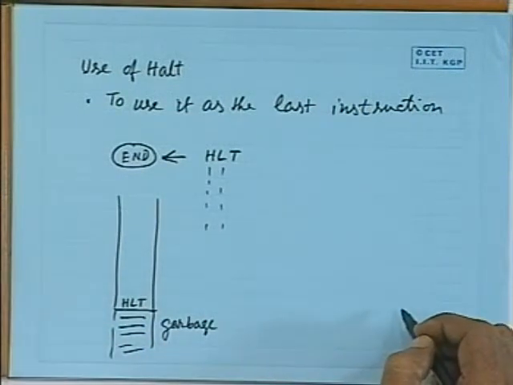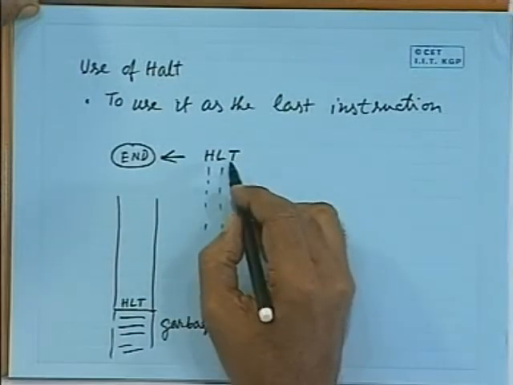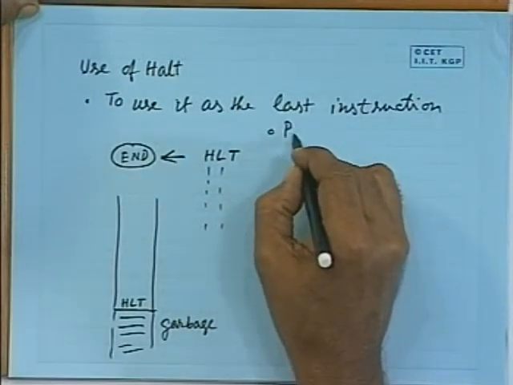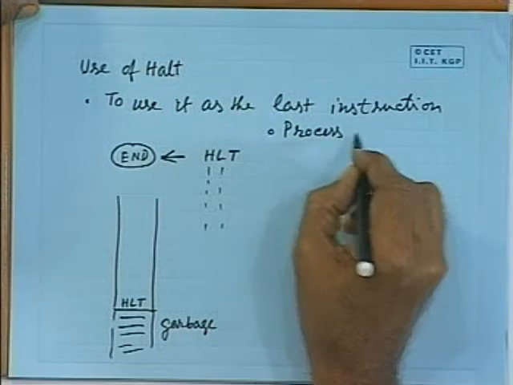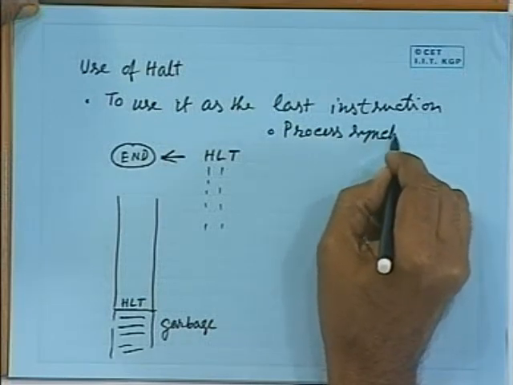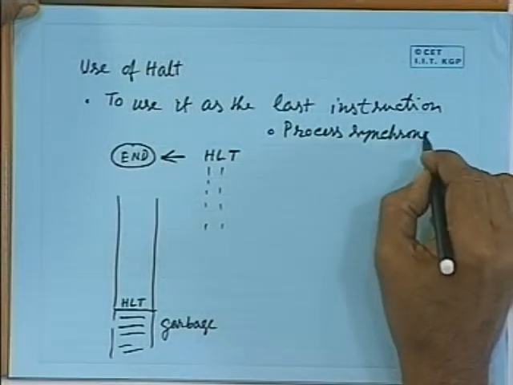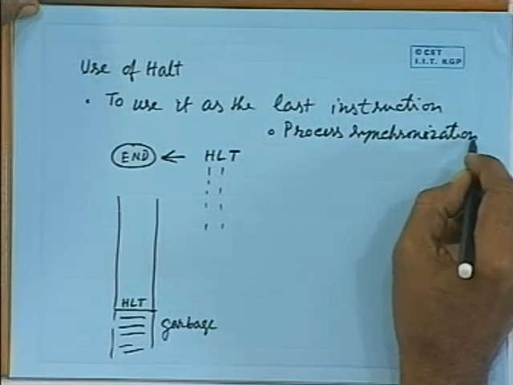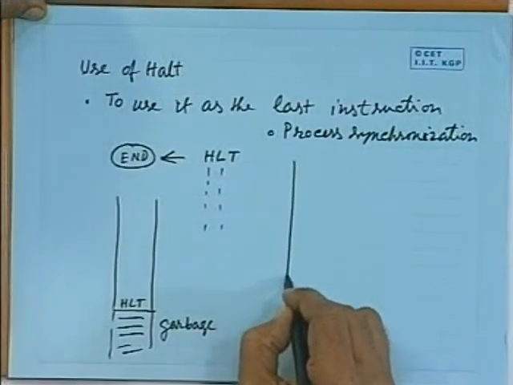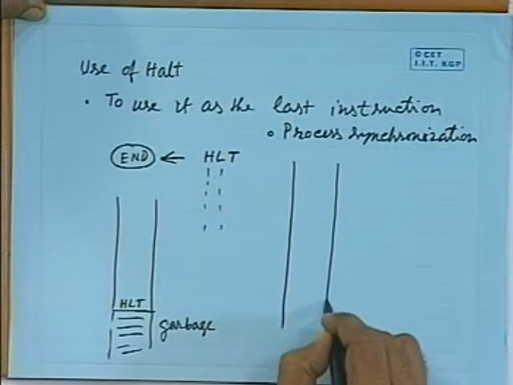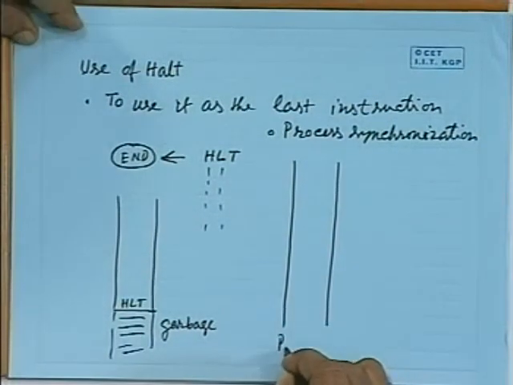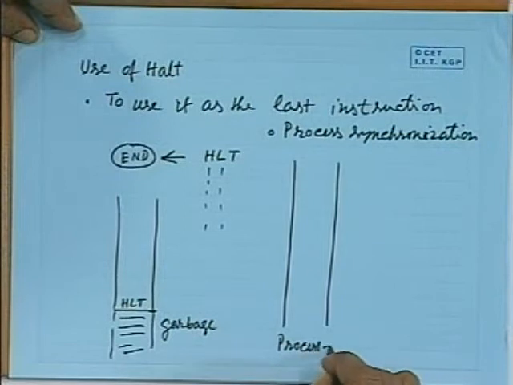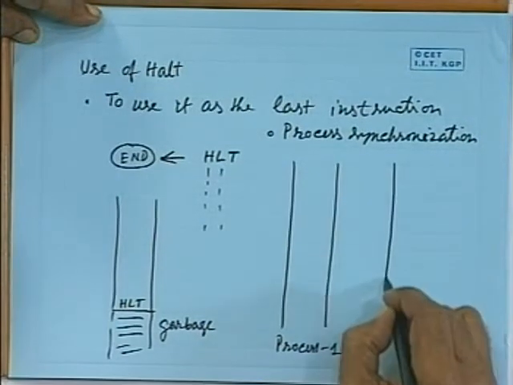Another very important use of halt is process synchronization. Let us see how the process synchronization is done by using the halt instruction. Suppose you have one microprocessor executing a program, say process 1 executed on one processor.